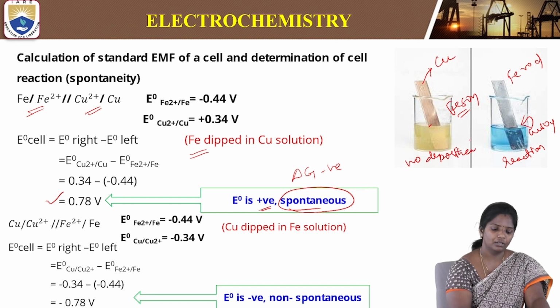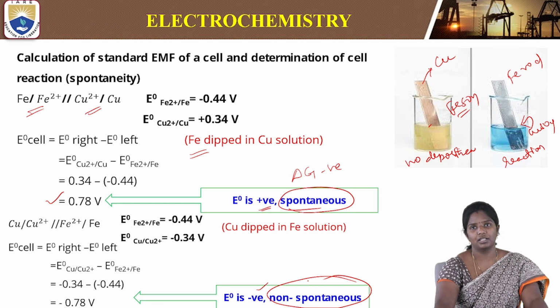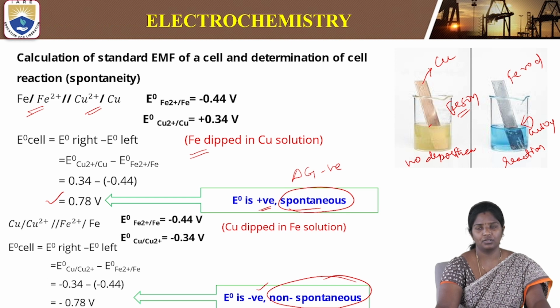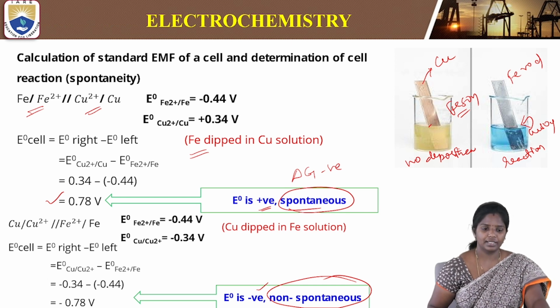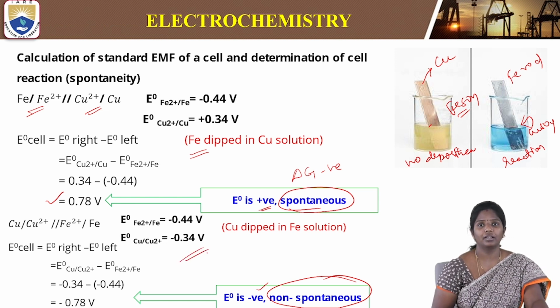Because the E cell value is negative, which indicates a non-spontaneous reaction. Without any passage of current, there is no reaction. That is one example where spontaneity can be judged depending on the electrode potentials of the metals.